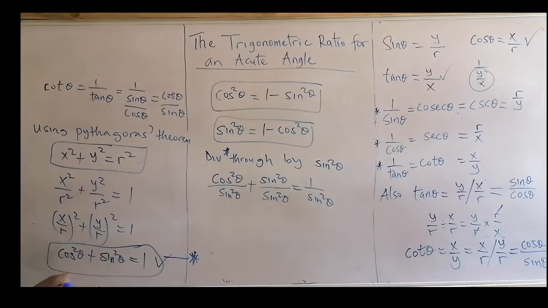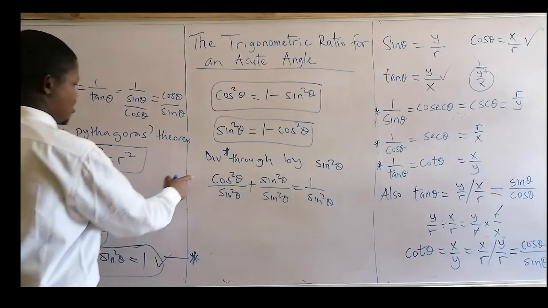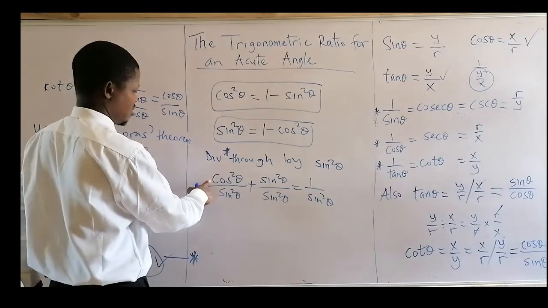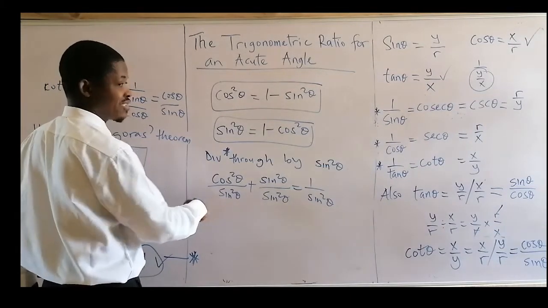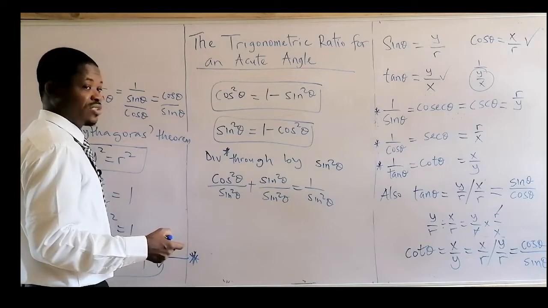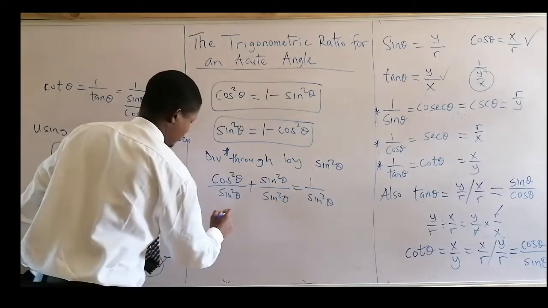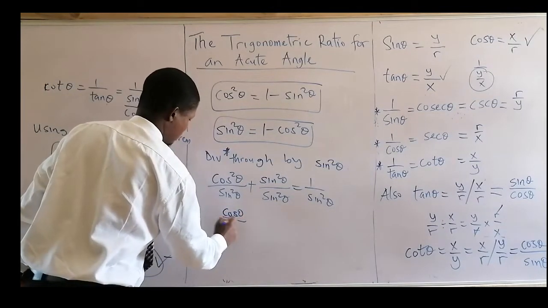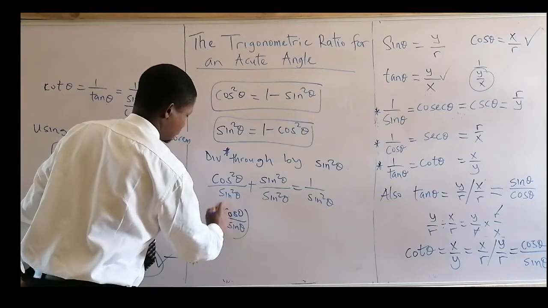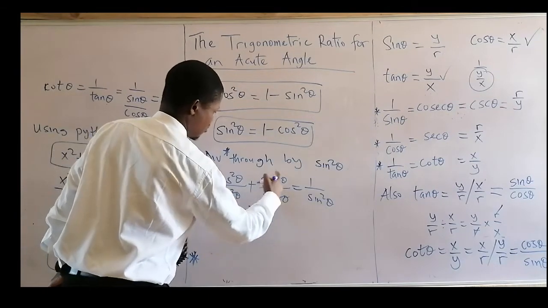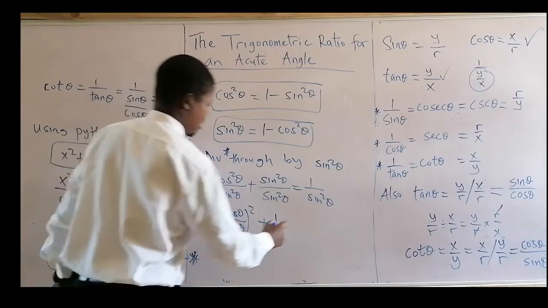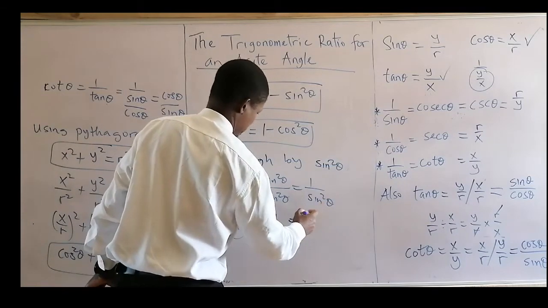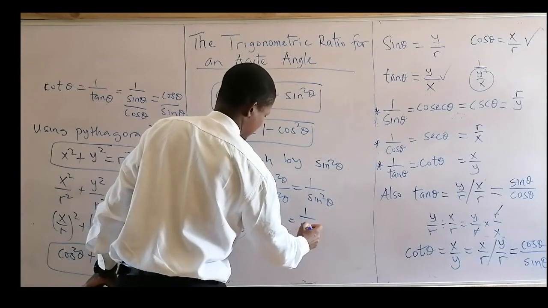Don't forget that cos over sine is cot. So you can write this one as cos theta over sine theta, squared, plus this one automatically is 1, and this one is 1 over sine theta.